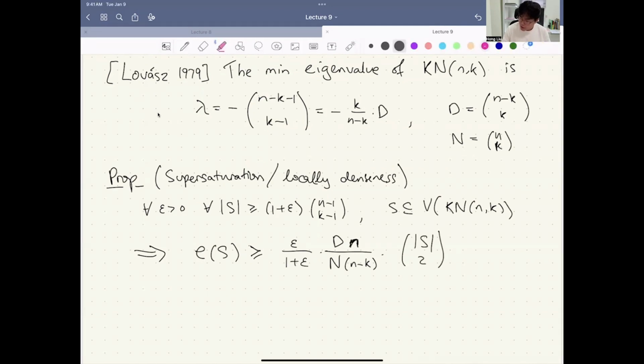So this guy will be our beta. So a beta fraction of the edges are there.